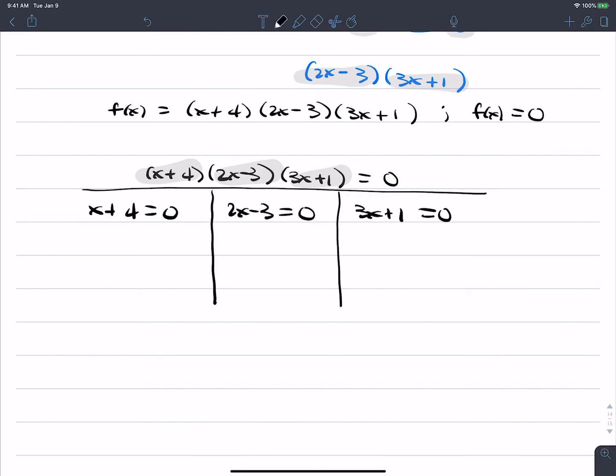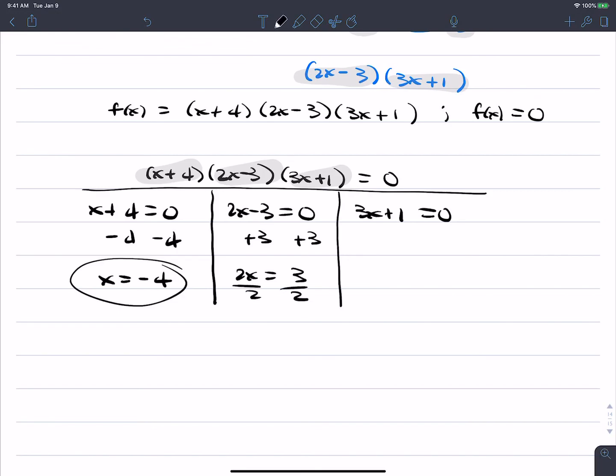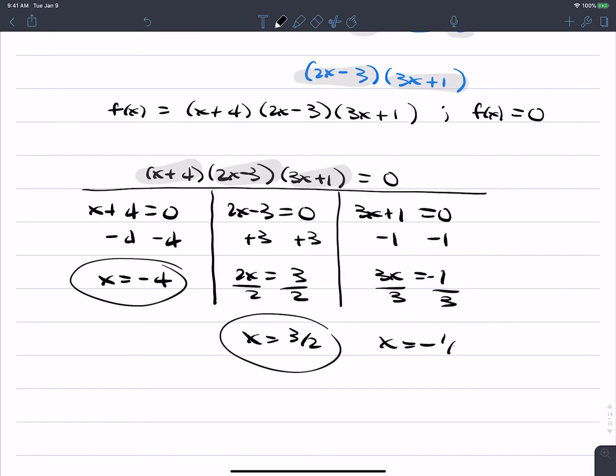And we solve for x. X is negative 4. X is 3/2. And x is negative 1/3 here. Let's make sure we write that a little clearer here.